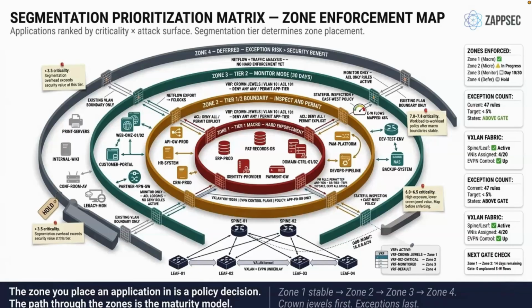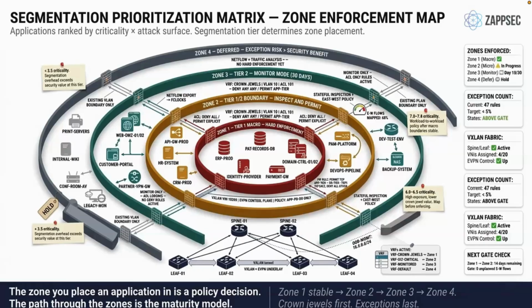That is the routing; basically, we are isolating the routing from the rest of the network. The ACL is a whitelist, and everything is denied unless explicitly permitted, like ERP prod, patient records, or identity provider, even your payment gateways, domain controllers, etc. And no exception without a CISO sign off here.